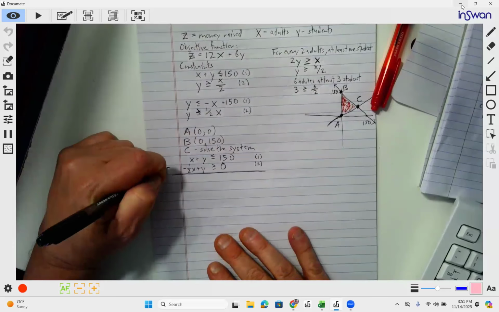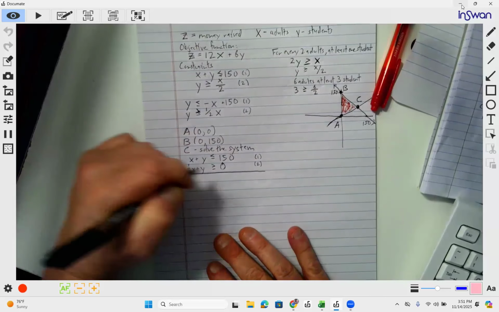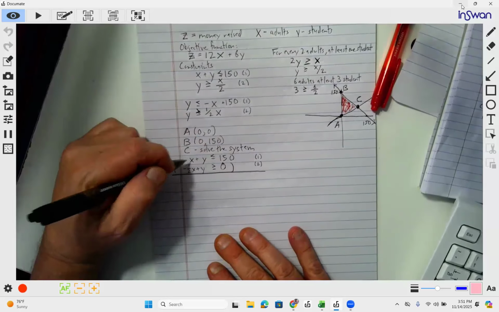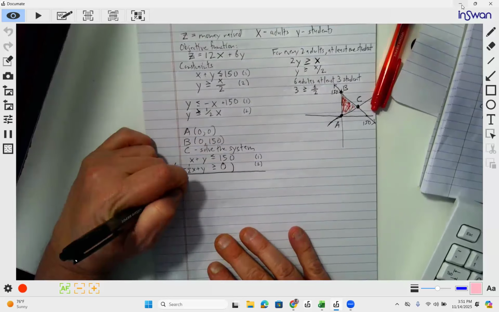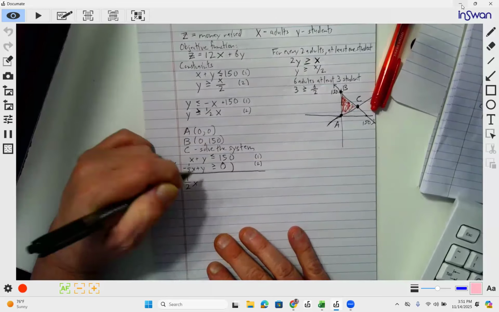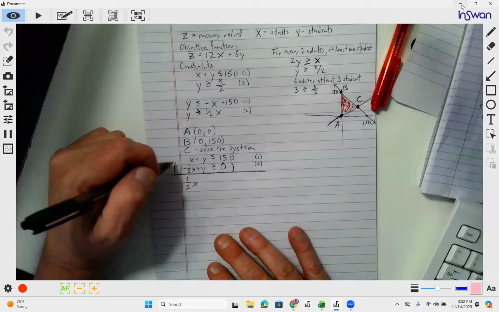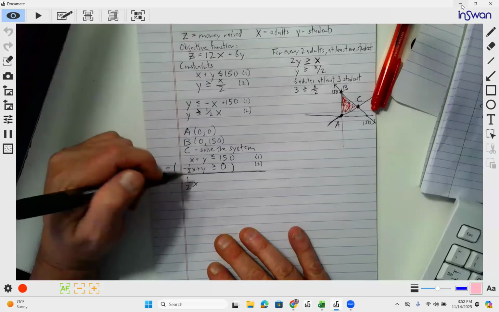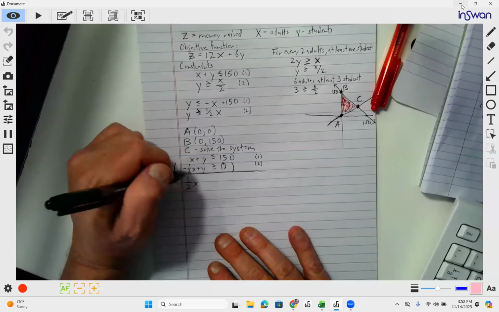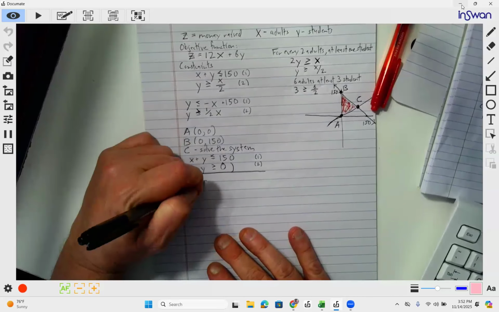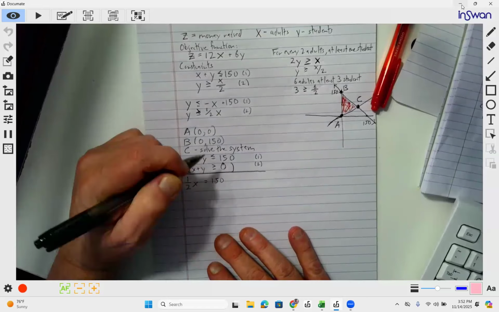Maybe instead of adding them, I'll just subtract them since I have a y and a y. So what's x minus 1/2 x? That would just be 1/2 x, right? A y minus a y would be equal to 0. That's why we're doing this. And then 150 minus 0 is equal to 150.